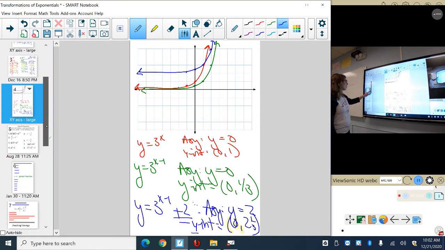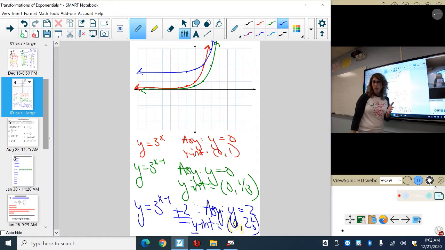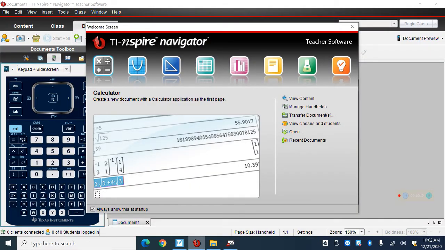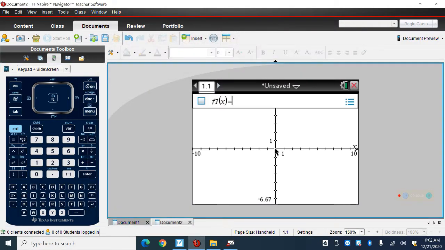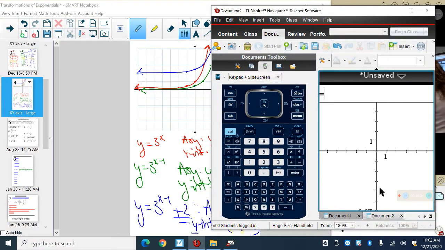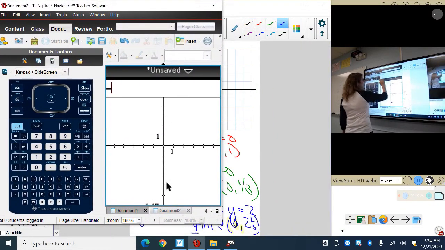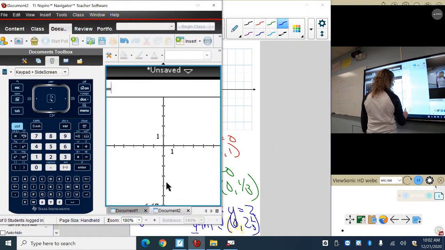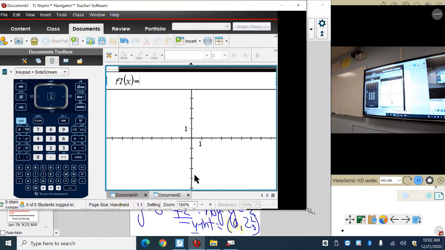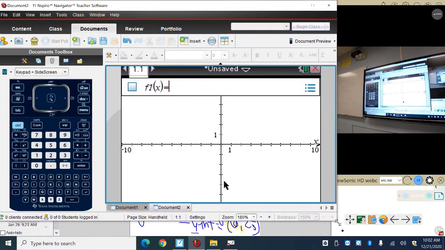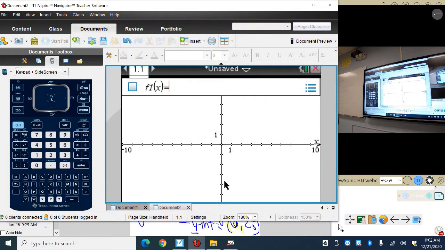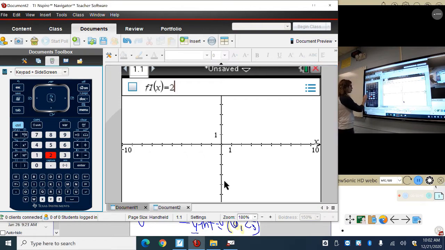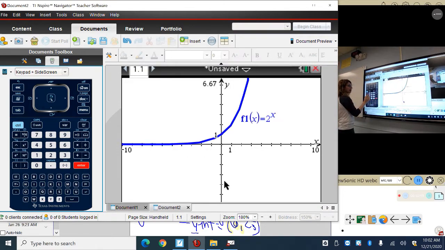Now, I showed you this information because we have been graphing a long time, and you can get all of this information on your graphing calculator if you wanted to. And I'm going to show you that right now by simply graphing a few of these. If I go ahead and graph this, and I put in there 2 raised to the x and hit enter, you can see that.